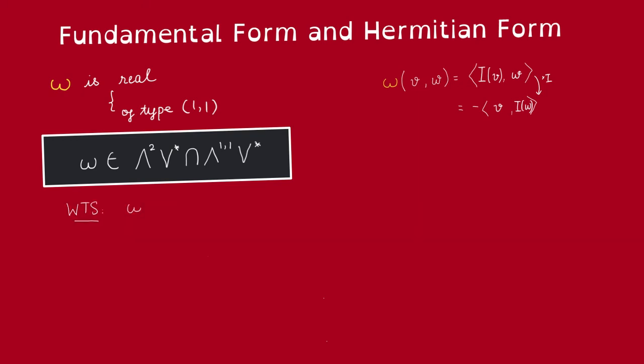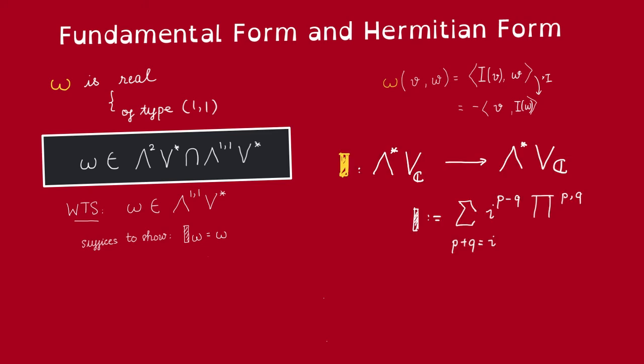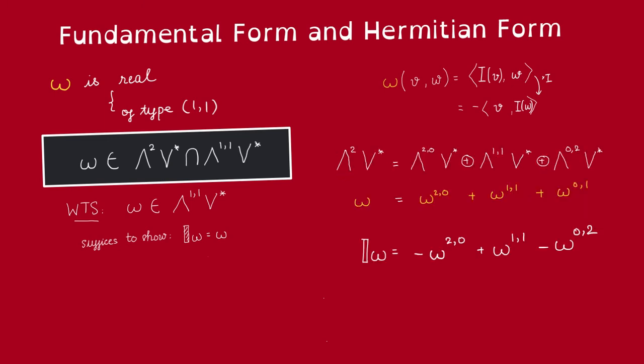Now, let's check that omega lies inside this space. We claim that it suffices to show that I omega is equal to omega, where remember that for any vector space with an almost complex structure, this map I is defined to be the multiplicative extension of the almost complex structure. In our specific situation here, I can be given by the following formula. This is because omega, as we have established, is an alternating form, so it lies in this space and we have the following decomposition.